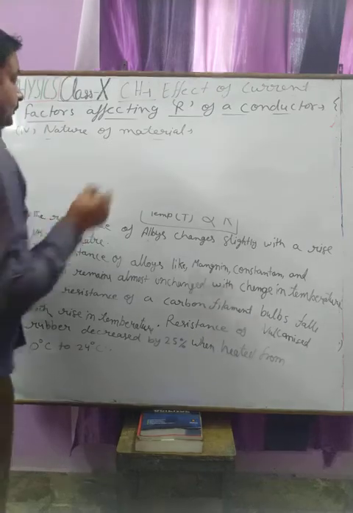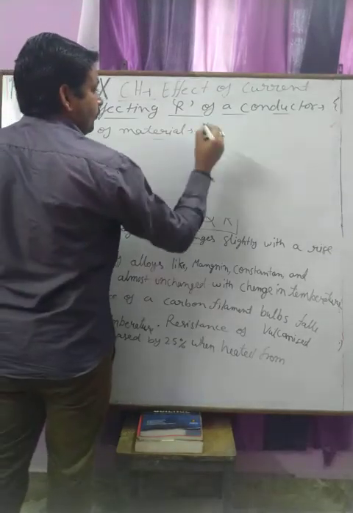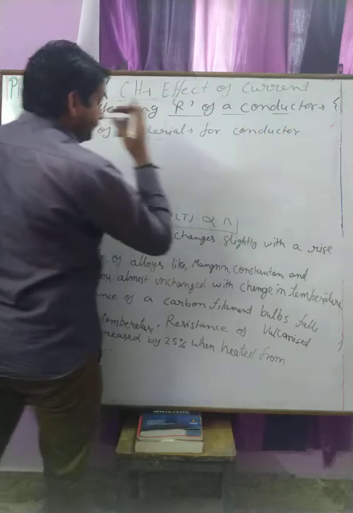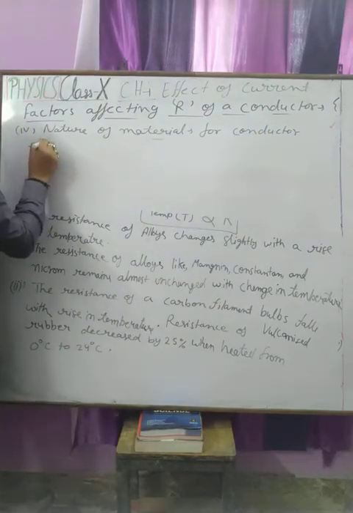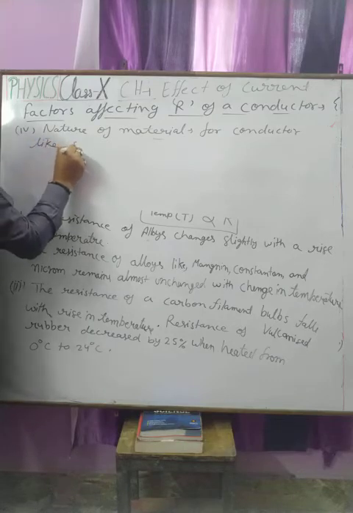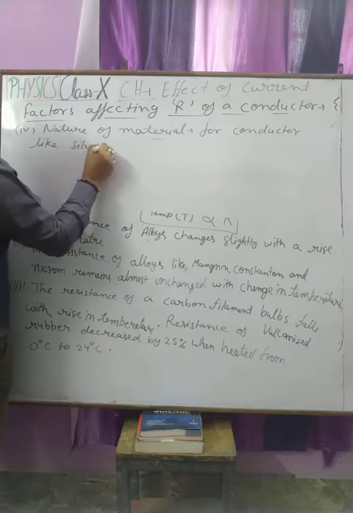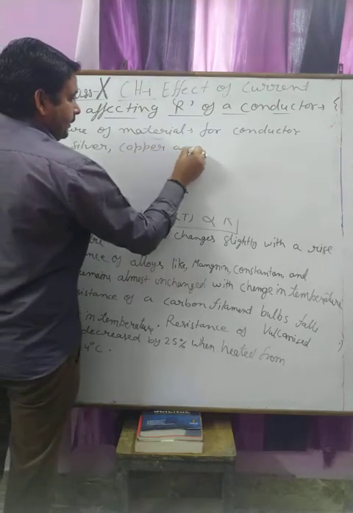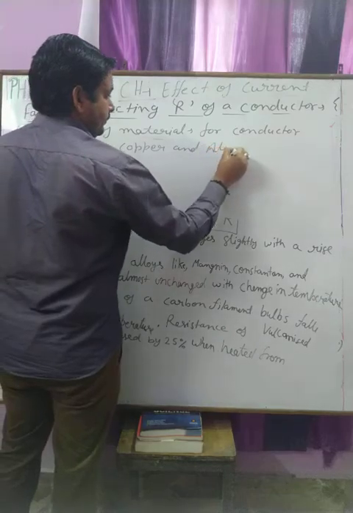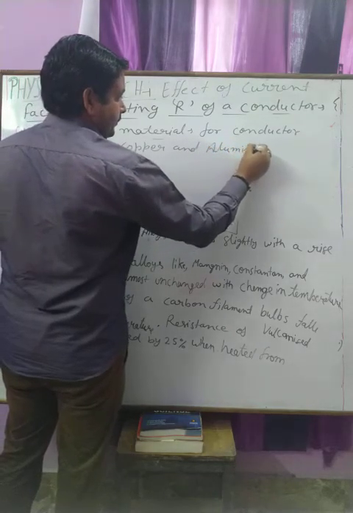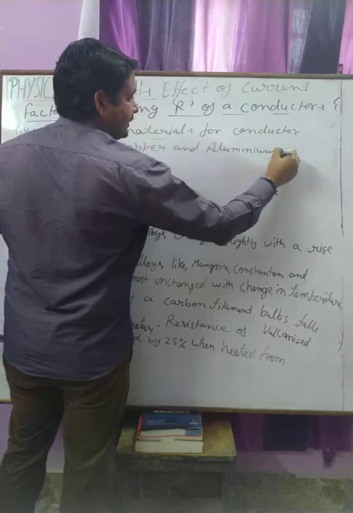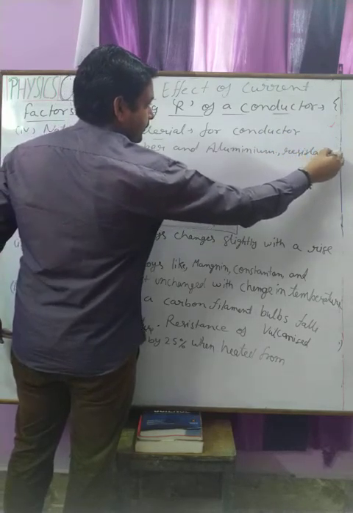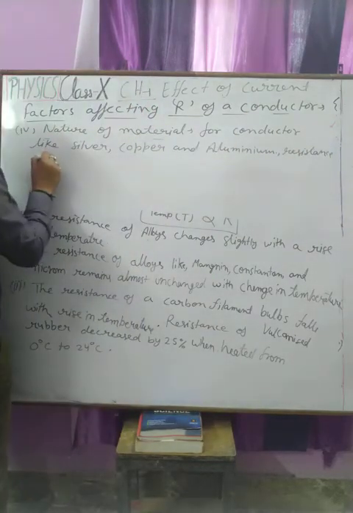For conductors like silver, copper and aluminium, resistance is very low.